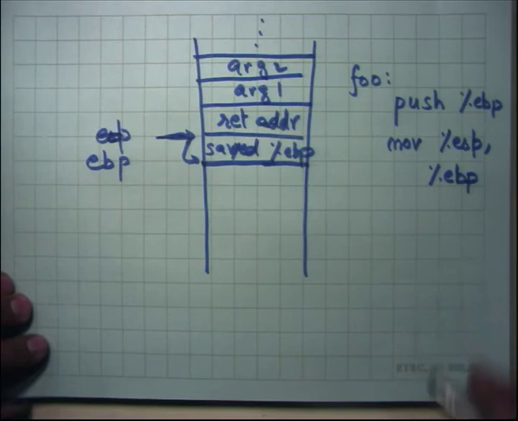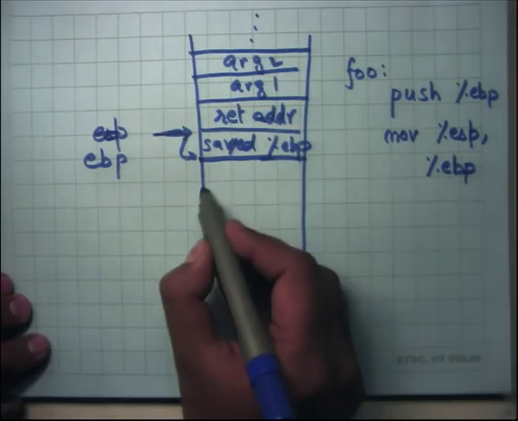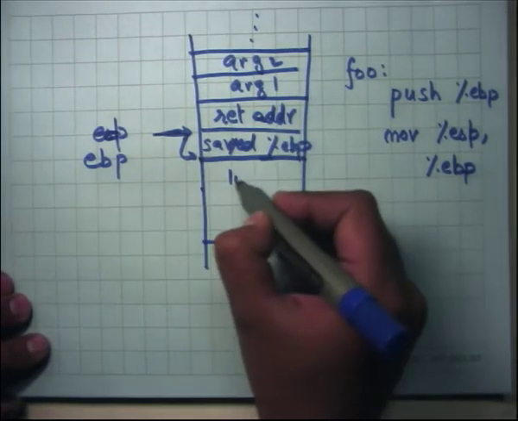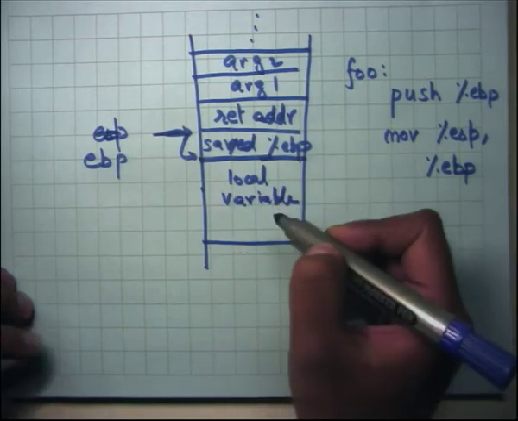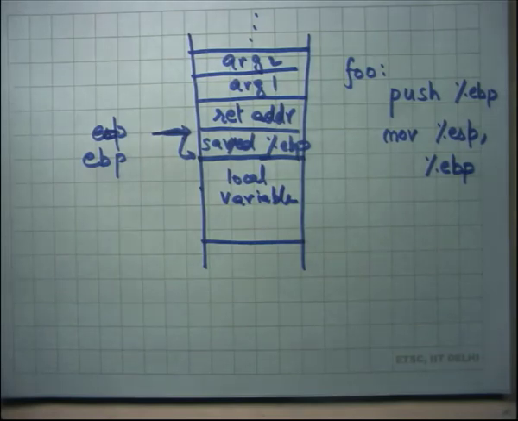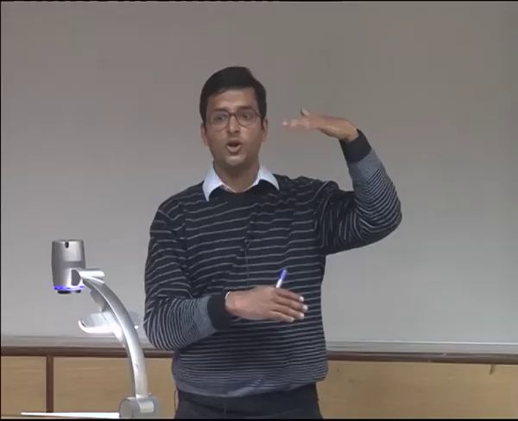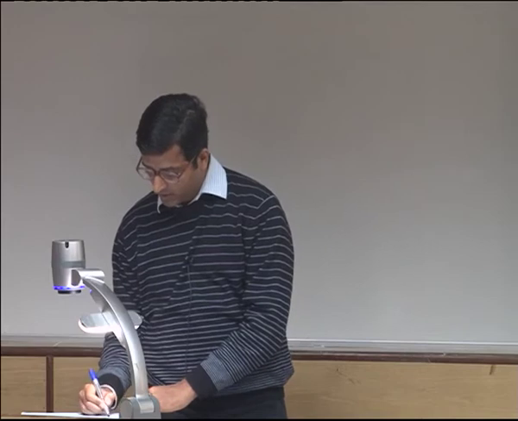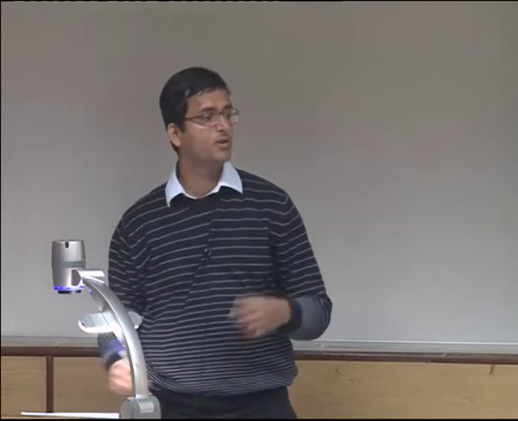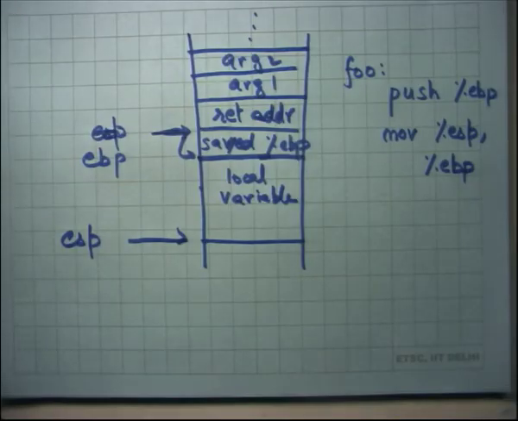Then the function may have some local variables, and it's going to allocate them on the stack. One way to allocate local variables is to keep pushing the values if they are initialized, or just subtract a value from the stack pointer, since you know the size of the local variables. If there are 10 integers in the local variables, then you will just subtract 40 from ESP. And so ESP will point somewhere here, and you can dereference these local variables by using the appropriate offset from ESP.